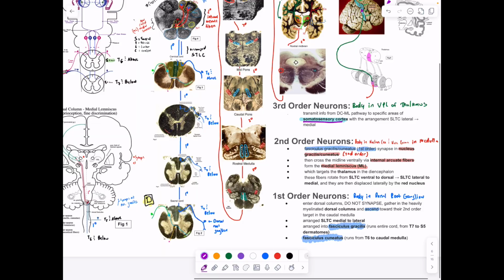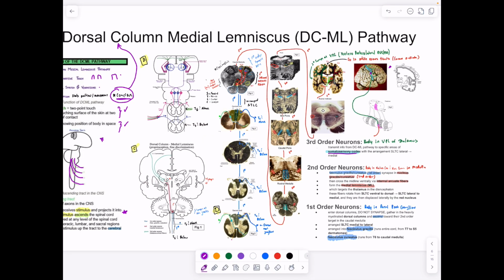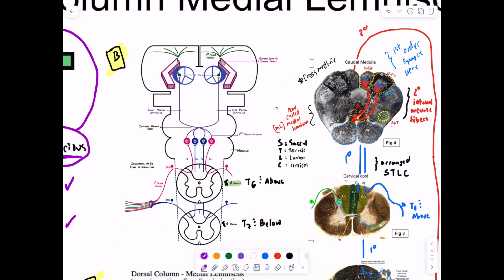Okay, so what is going on with this pathway? So the basic premise is that we have our first order axons, which are bringing in our sensory information. They have their nucleus in the dorsal root ganglion. They come in and send their axons up the fasciculus cuneatus if they're dealing with your arms.